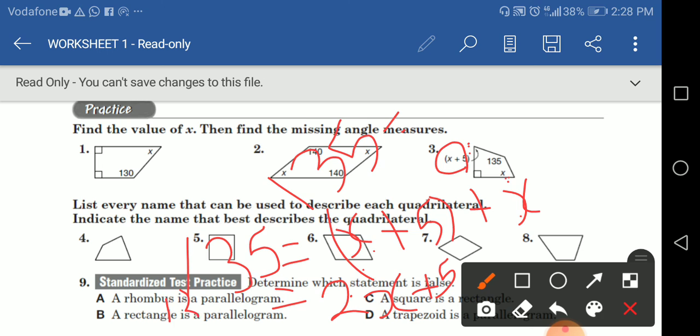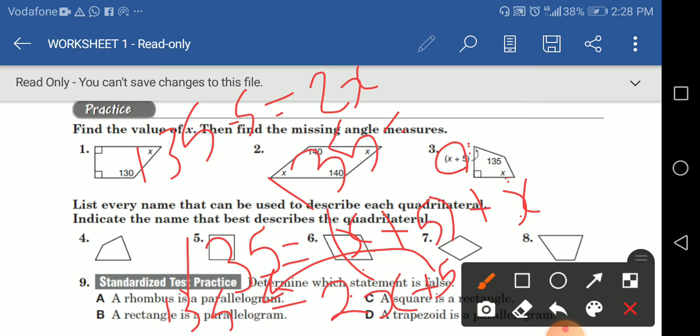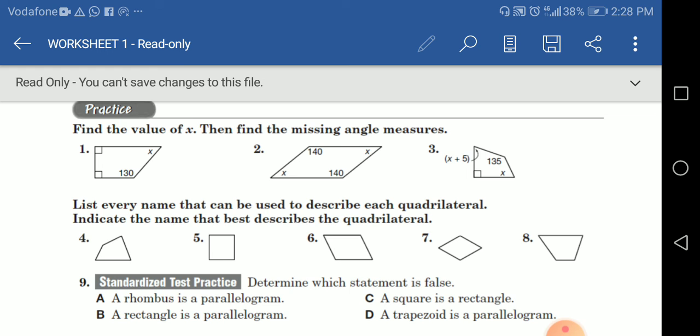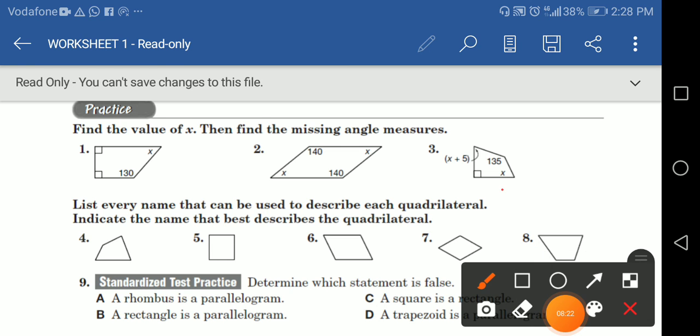The plus 5 will go to the other side with a negative sign. 135 minus 5 equals 2x, so 130 equals 2x. Divide by 2, x will be 65.